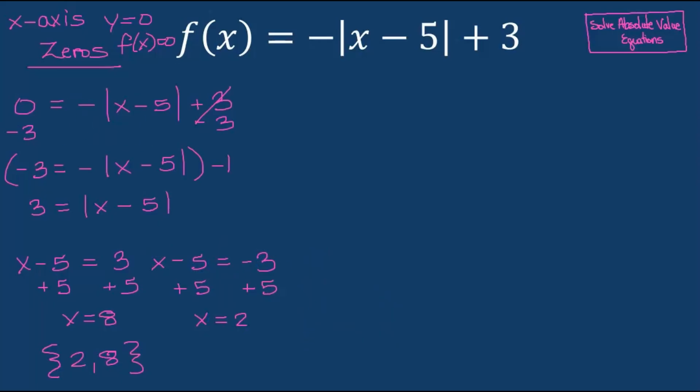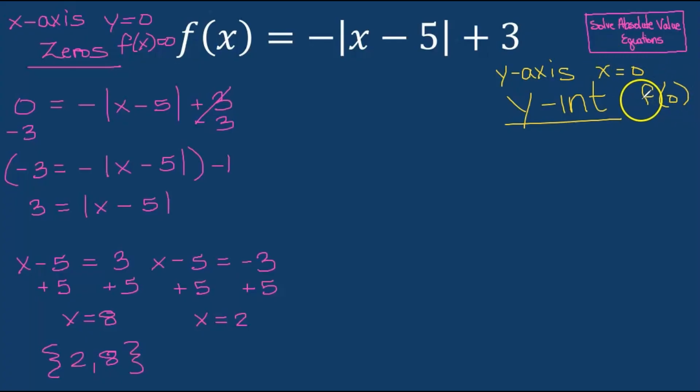Now we need to find our y-intercepts. Remember, our y-intercept is where it crosses the y-axis, and it crosses the y-axis when x is equal to 0. So in this case, we are finding f of 0. We're going to put 0 in everywhere that we see x.